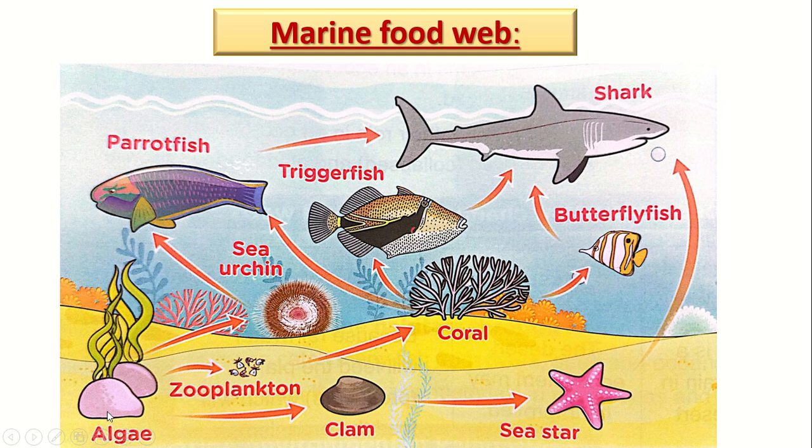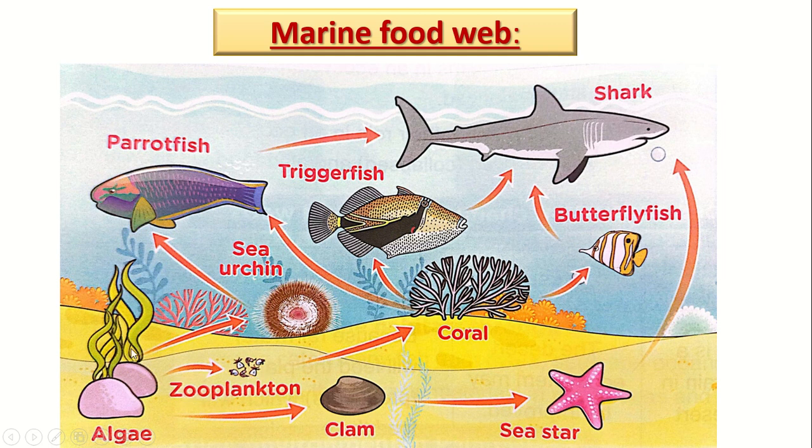Okay, who is eating algae on the marine food web? Number one, the clam. The clam is a primary consumer which eats the algae. Number two, zooplankton. The zooplankton are very small organisms and we cannot see them with our eyes. We can see them only with a microscope.